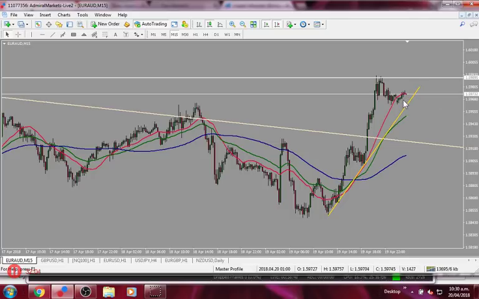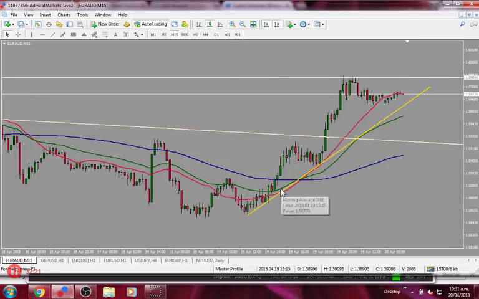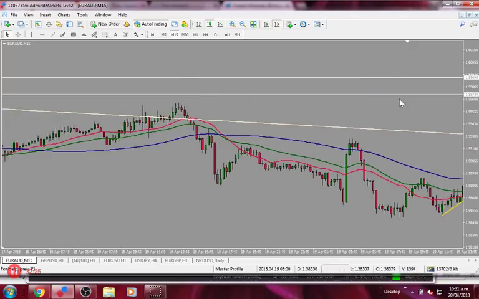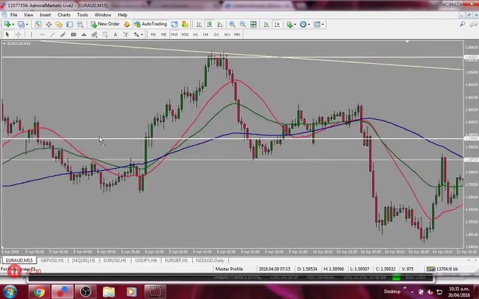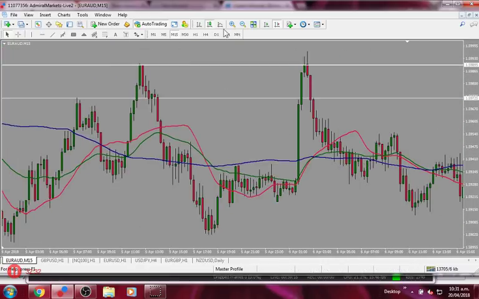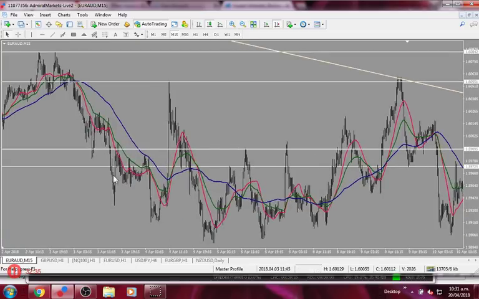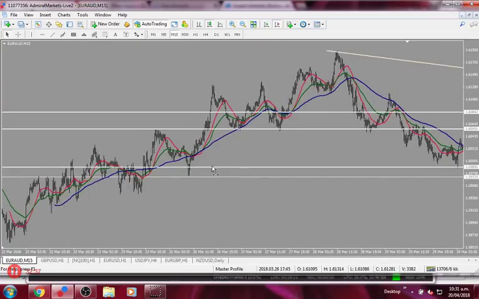So say this price, just in theory, would continue to go up from here. And at some point, price obviously will pause again, and it will come into these moving averages, and they will start to cross. So if I show you somewhere previously in the past, that would probably be easier to show you, sorry. Where are we? Here. Okay.